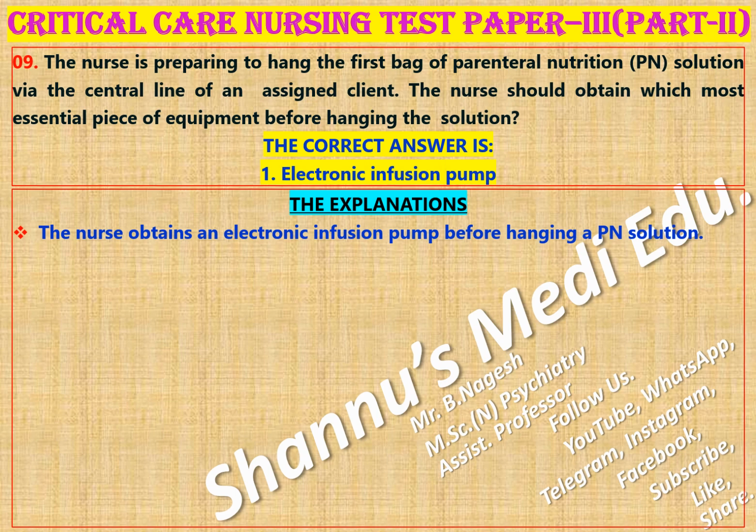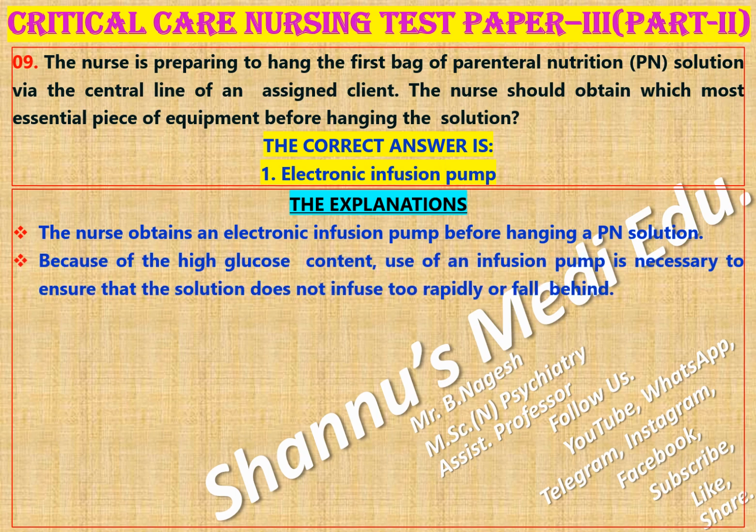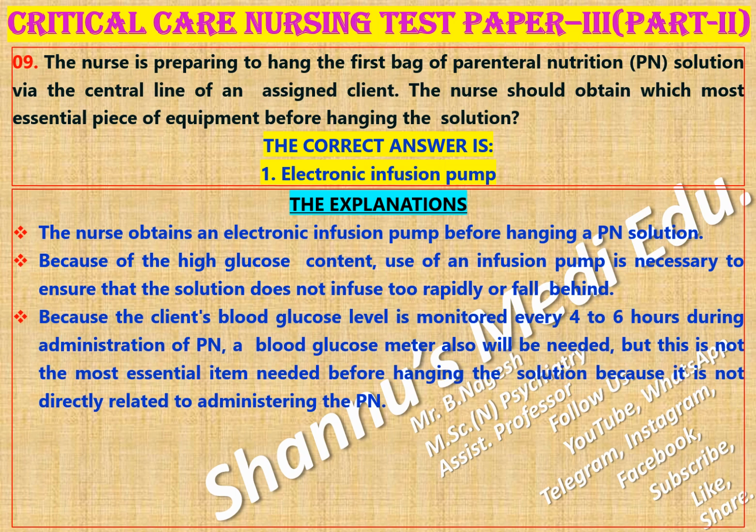Explanation of this question. The nurse obtains the electronic infusion pump before hanging the PN solution. Because of the high glucose content, use of the infusion pump is necessary to ensure that the solution does not infuse too rapidly or fall behind. The client's blood glucose level is monitored every 4 to 6 hours during the administration of the PN.